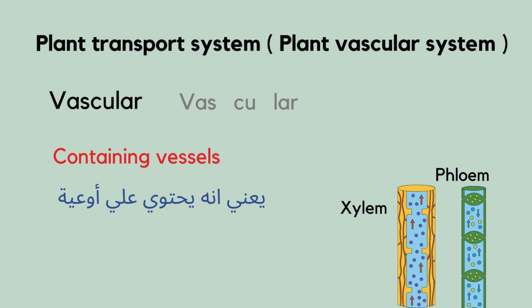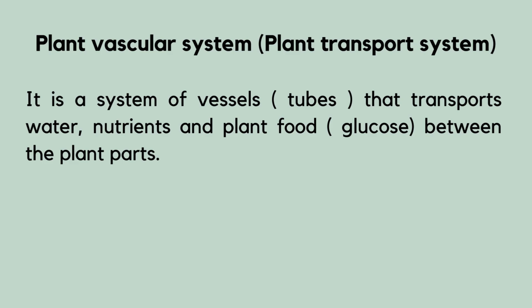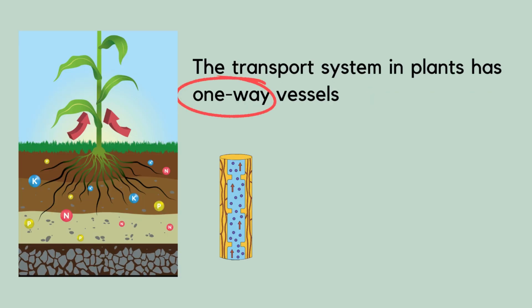You know that the plant vascular system or the plant transport system is a system of vessels or tubes that transports water, nutrients, and plant food, which is glucose, between the plant parts, okay? And you know, the transport system in the plants has one-way vessels. What is the meaning of one-way vessels?